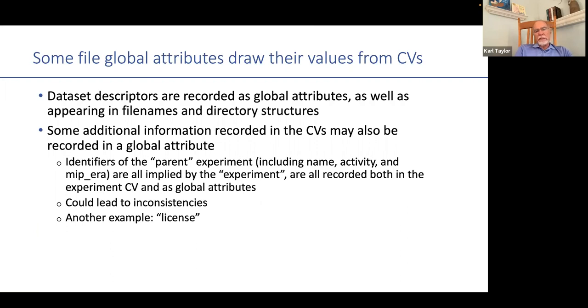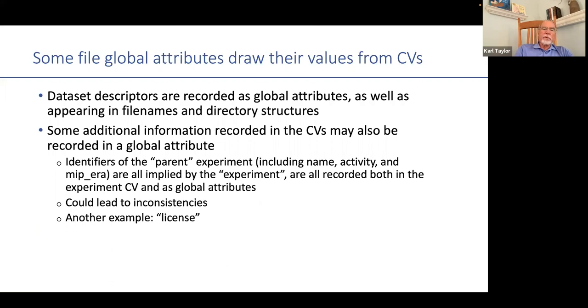But it turns out that for the experiments in CMIP6, the parent is determined really by what experiment it is. The historical run is always spawned from the control run. And so the parent experiment is the control run.